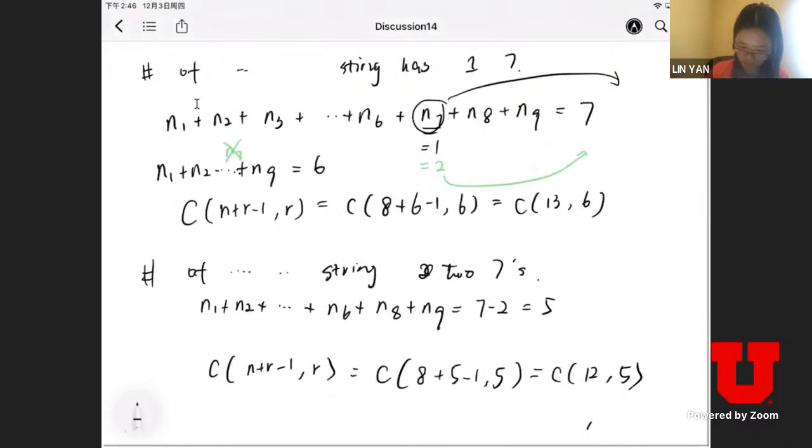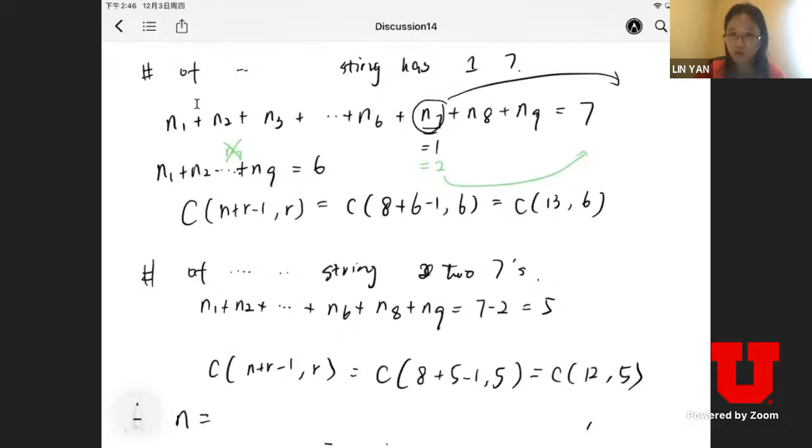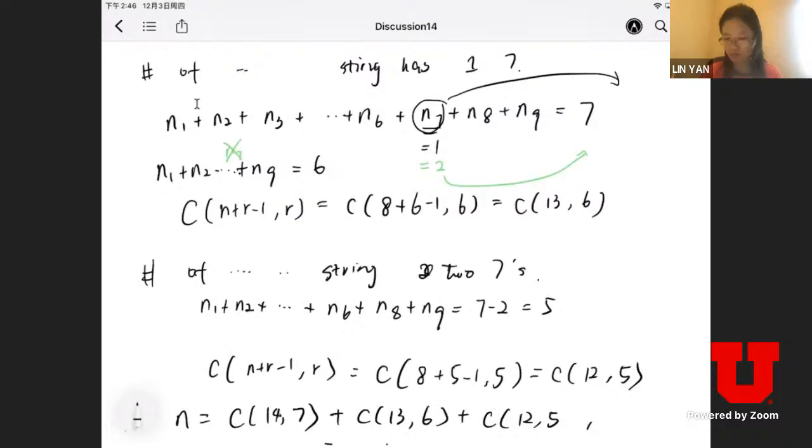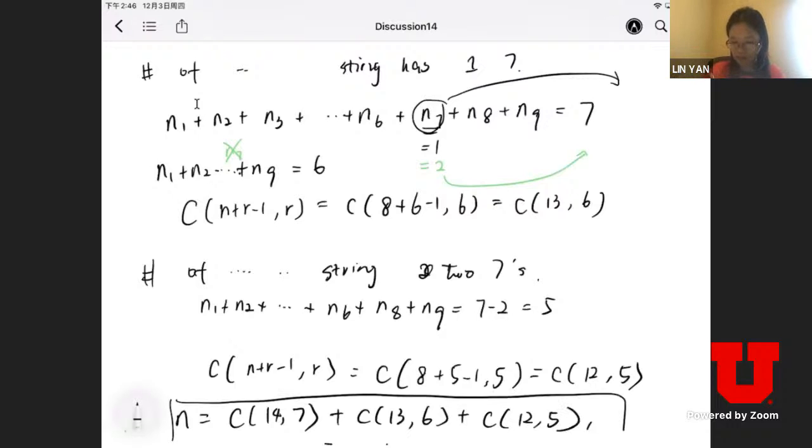So we add the 3 cases: 14 choose 7 plus 13 choose 6 plus 12 choose 5. This is the second way to solve this problem.